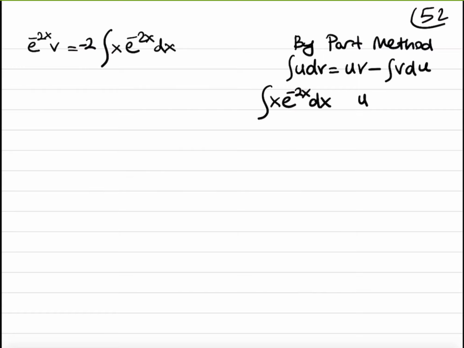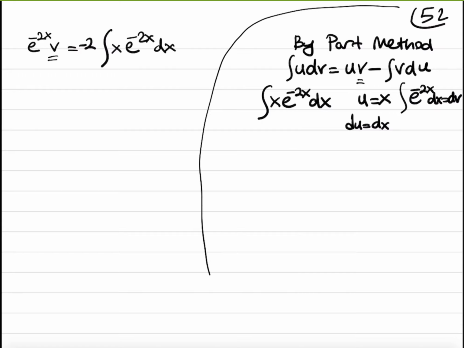So by parts method, let's recall, how was it? It was the integral of u dv is equal to u times v minus the integral of v du. Here u is equal to x and dv is equal to e to the power minus 2x dx. What is du? du is equal to dx. Oh, I've used the same notation, sorry about that, because we have v here, but this is a different v, okay? So this is something different from the example.